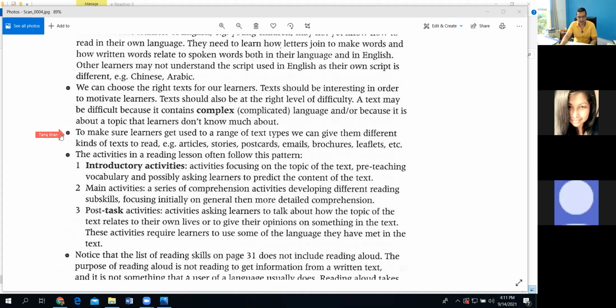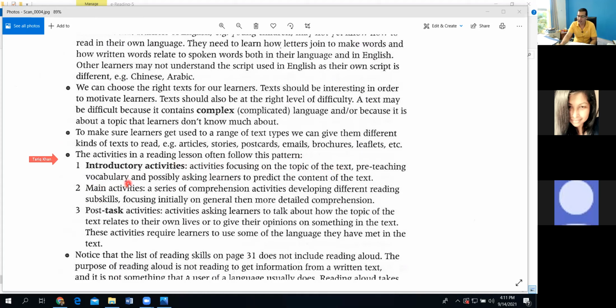Next point is that the activities in a reading lesson often follow this pattern. Number one, introductory activities. What is it? Activities that focus on the topic of the text, what it is related to.